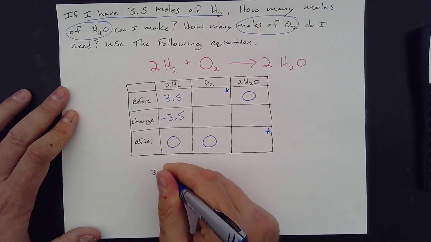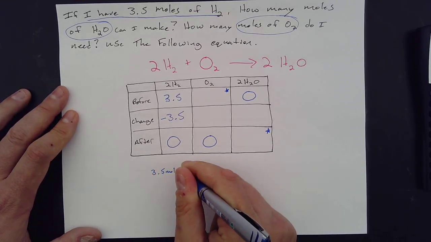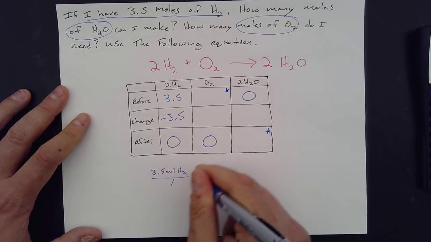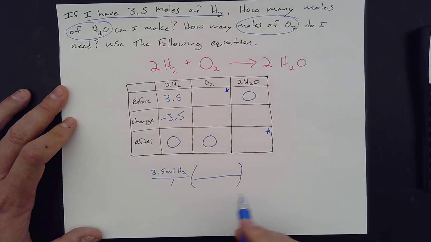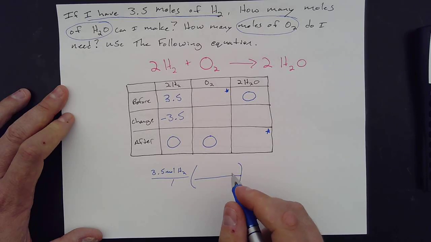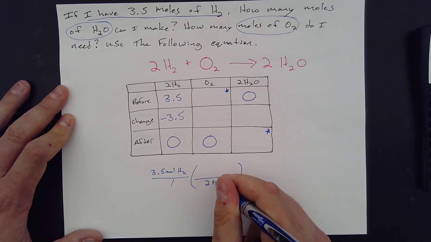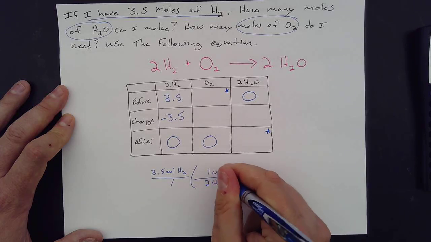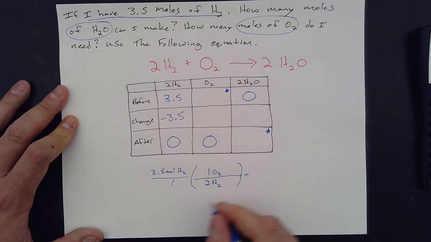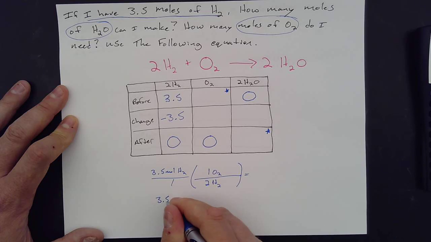So if I have 3.5 moles of H2, we go back to our original equation here because these are our relationships. For every 2 H2s, I need 1 O2. And then in a similar way of doing this, so we got 3.5 moles of H2.